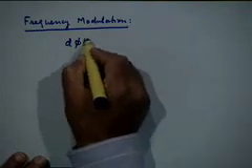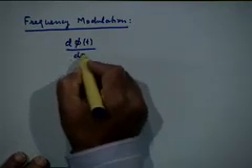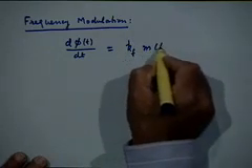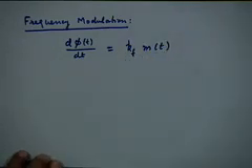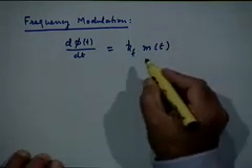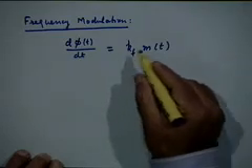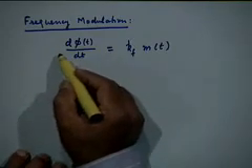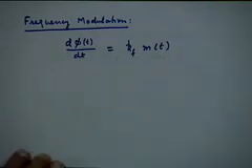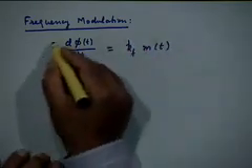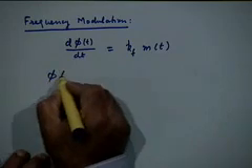So in this case, d phi by dt is made proportional to the message signal, and I am calling the proportionality constant now k sub f, right. So k sub f would have the units of radians per second per volt, or if you divide by 2 pi on both sides, even then k f remains the same.